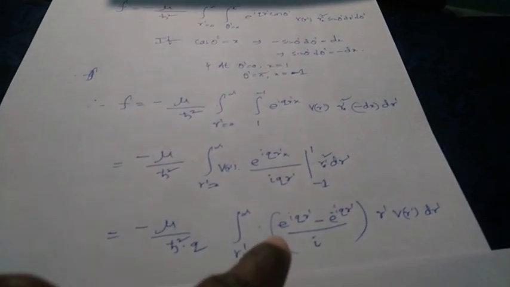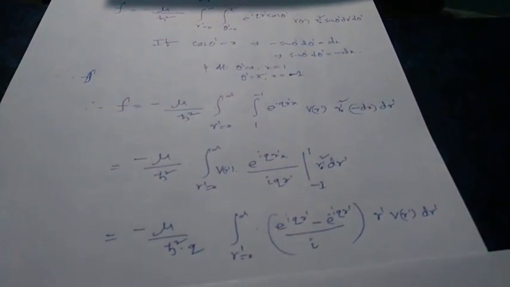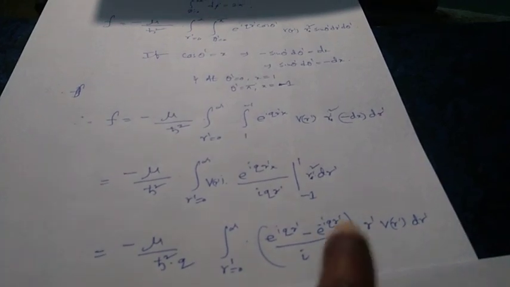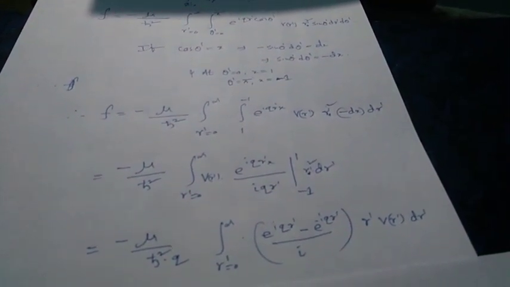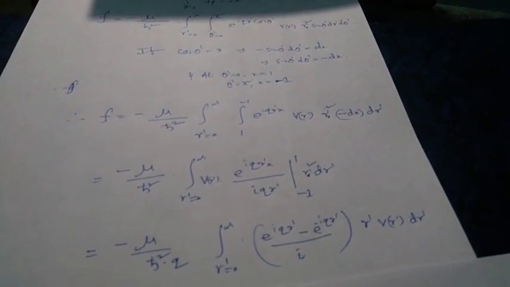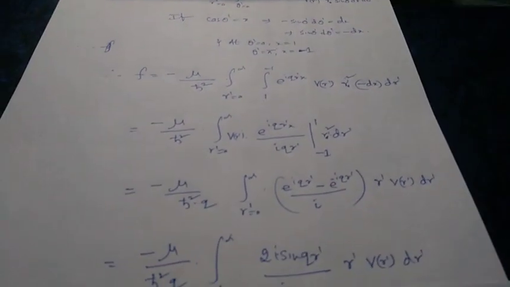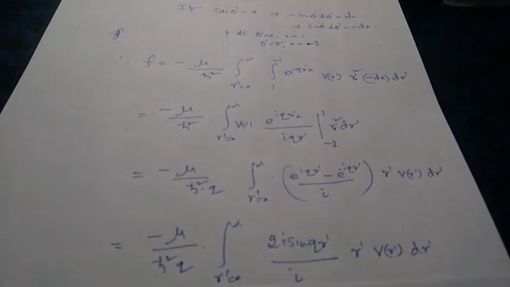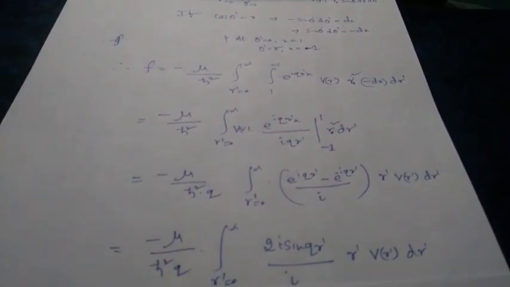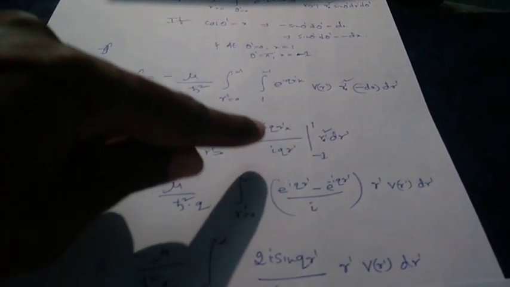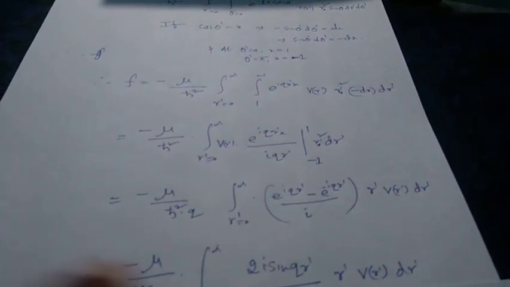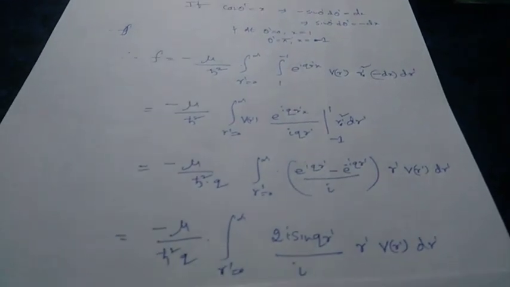But if you use the fact that exponential iθ is cos θ plus i sin θ, and exponential minus iθ is cos θ minus i sin θ, the cos terms get cancelled, so we get 2i sin q r', and i also gets cancelled, and then one of the r' squared will cancel, so we have r' here and V(r') and dr'.